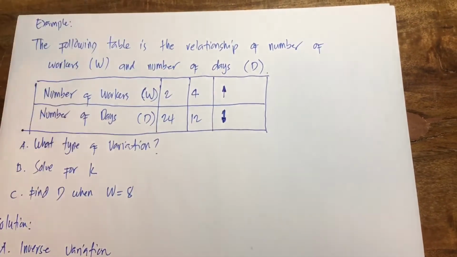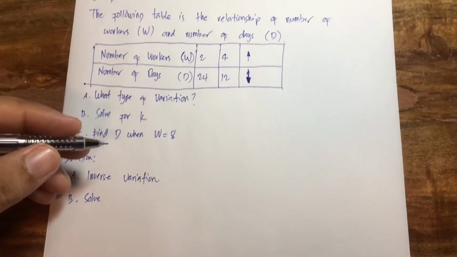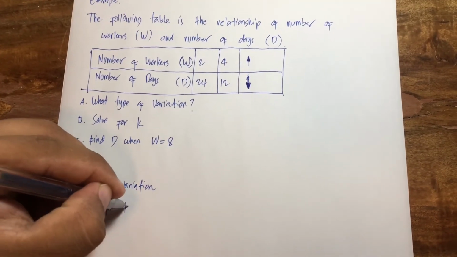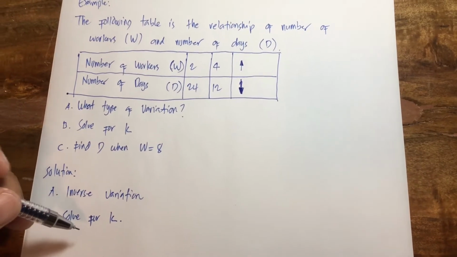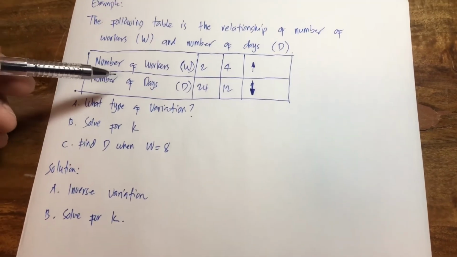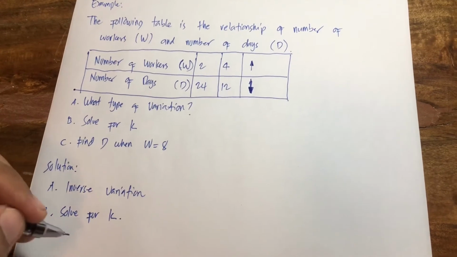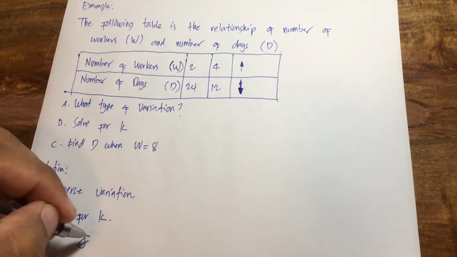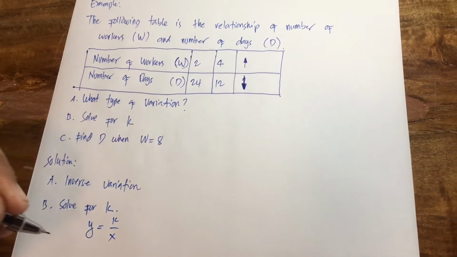Okay, letter B. Solve for K, or the constant of variation. First, to get the value of K, we will translate our quantities. So we know that inverse variation is simply y equals k over x.